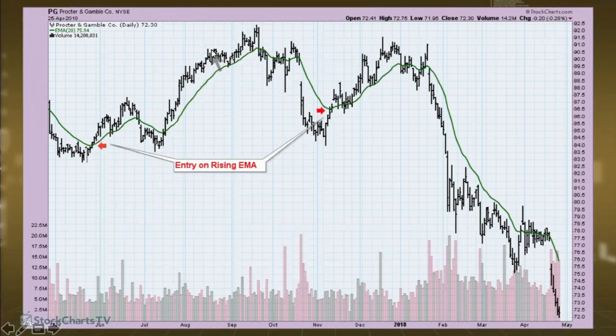And of course, you may not understand the calculation so well, but with an EMA, if the price closes above the EMA, it's going to start moving up. And if it closes below it, it's automatically going to start moving down. That's just how they work. So you're talking about entering on rising EMAs and getting out when they top.